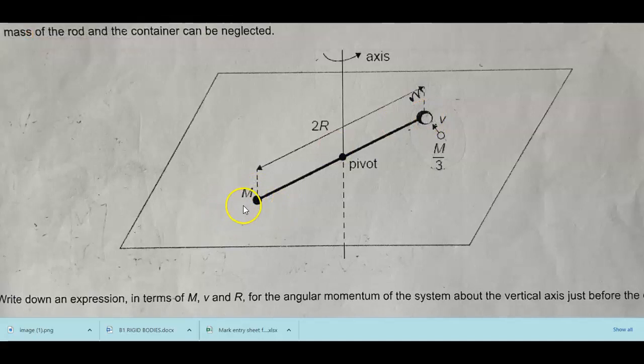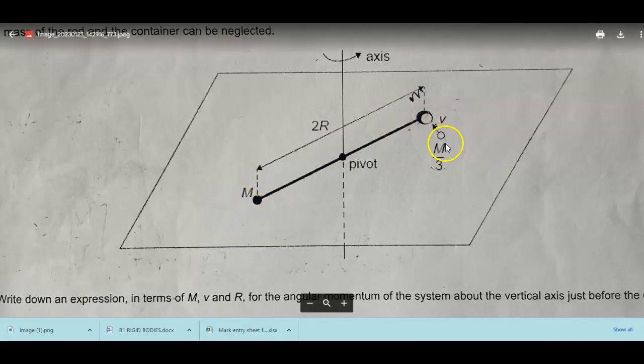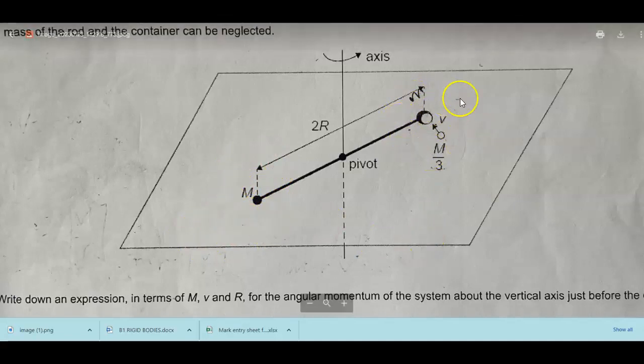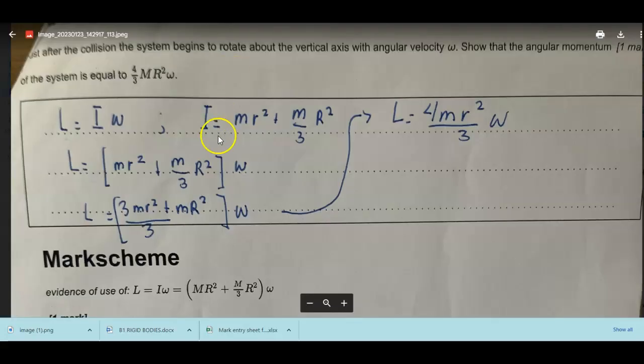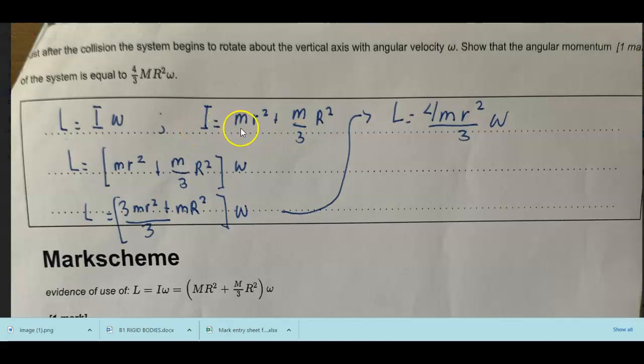From the left side we have m, from the right side we have m over 3. So therefore we get the moment of inertia of this mass and the moment of inertia of this mass relative to the pivot point, which is at the center. Going back, that means our expression for the moment of inertia after collision is mr squared plus m over 3 r squared.